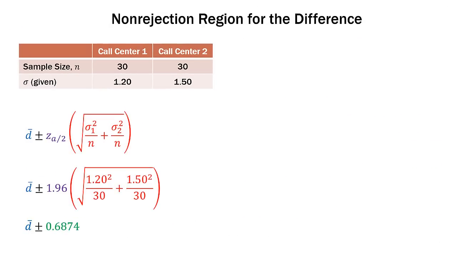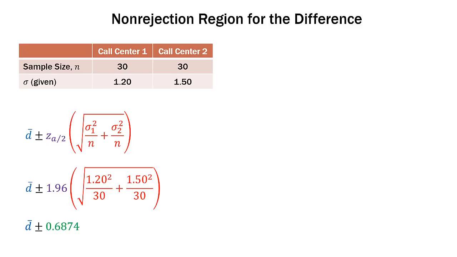So let's go ahead and do some of this math out. Remember, we had a sample size of 30 from each call center, and the sigma we're given for call center 1 was 1.2, and for call center 2, it was 1.5. Those are our 2 population standard deviations. Now if we substitute those numbers into our interval estimate formula, we can calculate that interval estimate. Z sub alpha over 2 is going to be plus or minus 1.96.